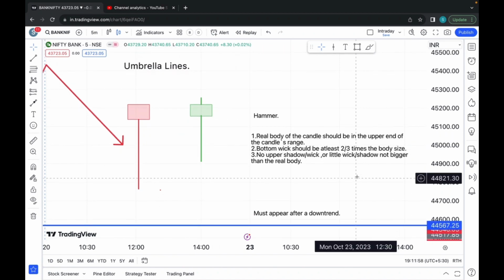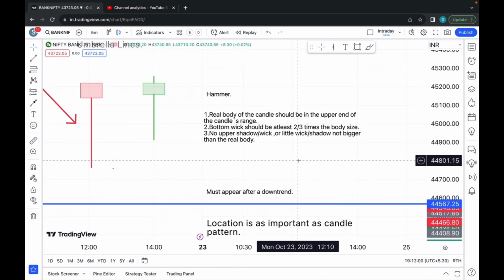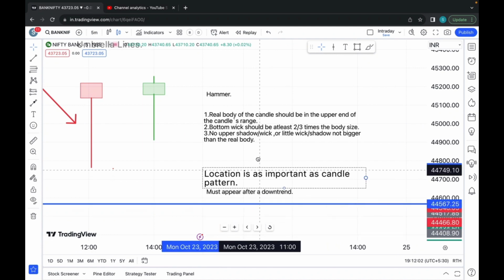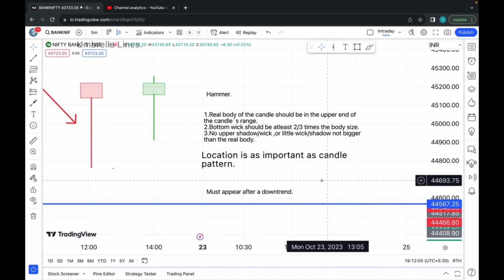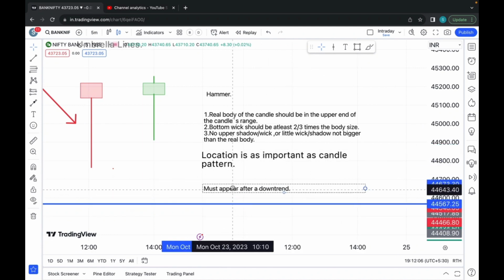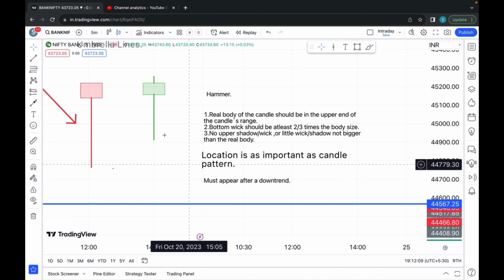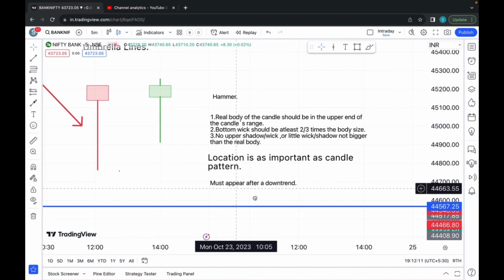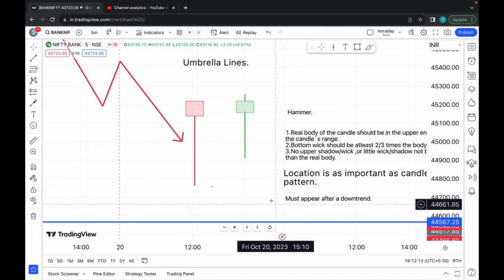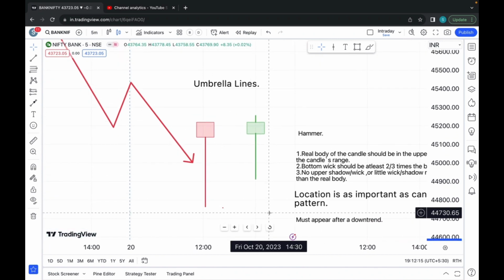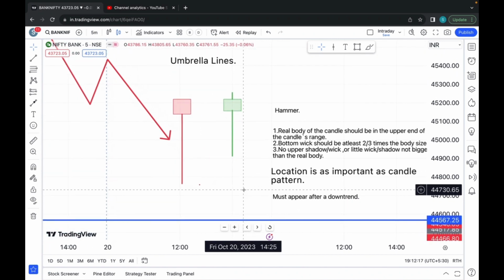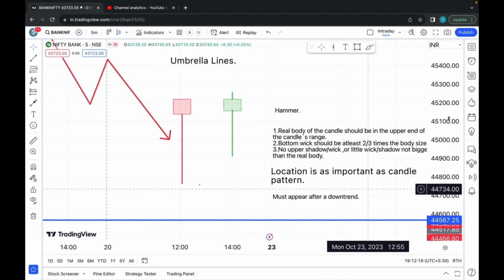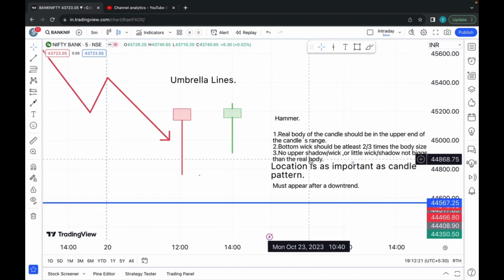The location of your hammer is very important. It can be called a hammer only when you see it appearing after a reasonable downtrend. It can be a short downtrend also, but there must be some downtrend previous to this candle formation.